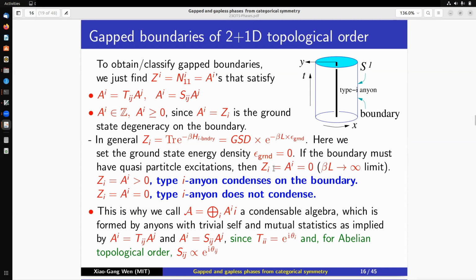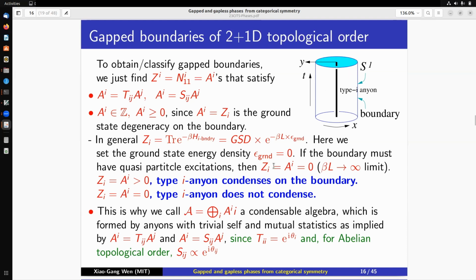And this number has to be a non-negative number because it describes the ground-state degeneracy for the boundary, but with an anyon insertion in the bulk in the disk. So for different anyon insertions on the disk, the boundary may have a different degeneracy.